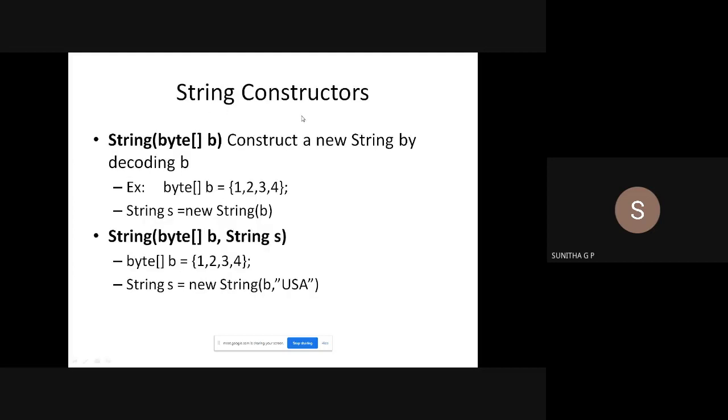String constructors. So what is a constructor? A constructor is a type of method which is used to initialize the instance variables of the class. Here we have seen the types of creation. So what types of constructors are used to create the string?